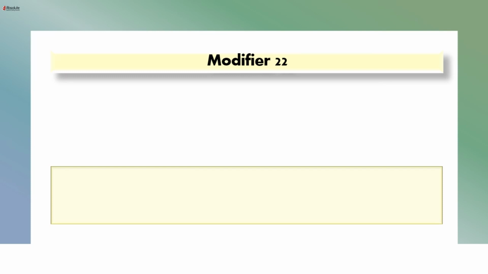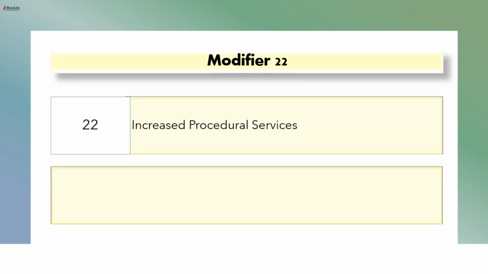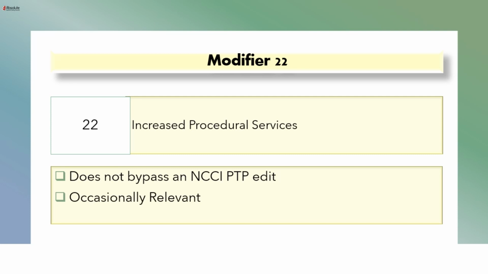Modifier 22 is used to indicate an increased procedural service. Now, modifier 22 is not a modifier that will bypass an NCCI procedure to procedure edit. However, sometimes it is occasionally relevant.